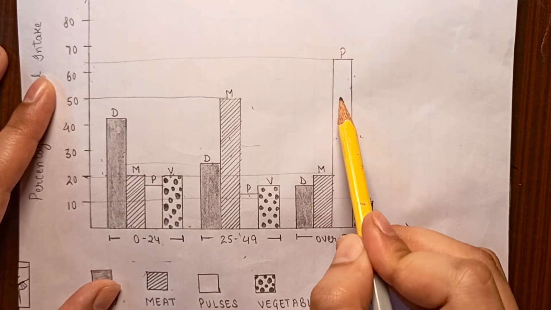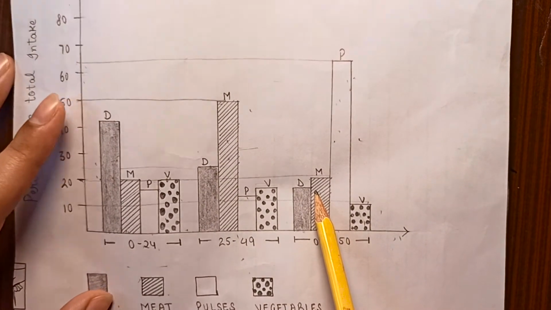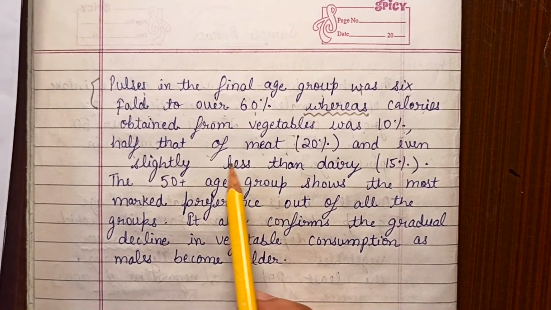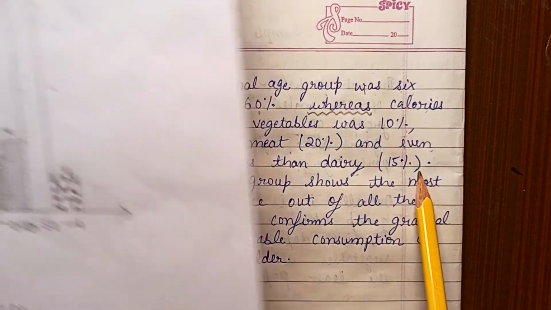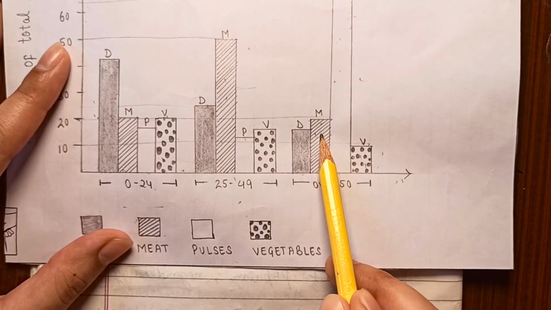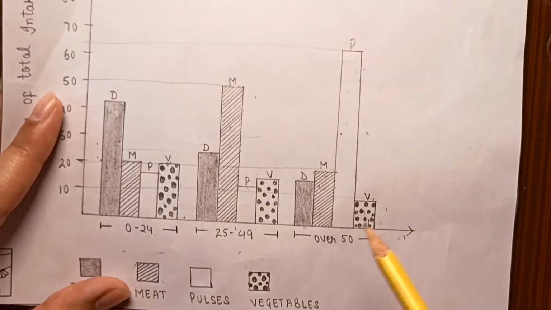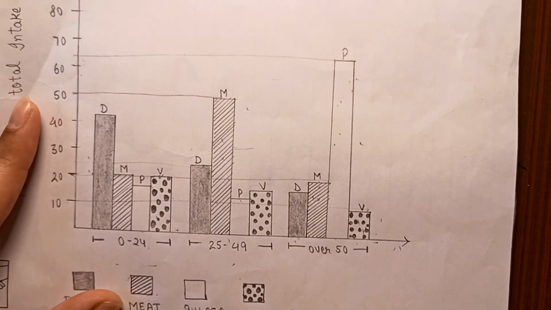I have written this, whereas this and this was half of this. So this is the complex sentence I have made. Try to make these kind of sentences, right? And even slightly less than dairy products. It is 20, it is less than that, and it is less than that. So I have compared all the 4 categories into one sentence, right?